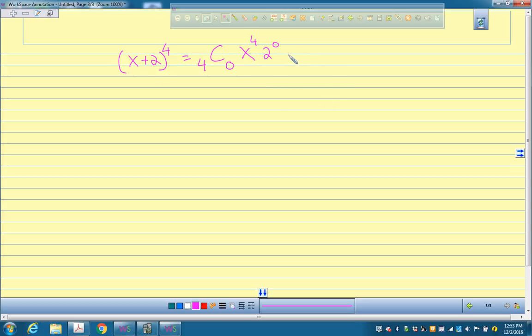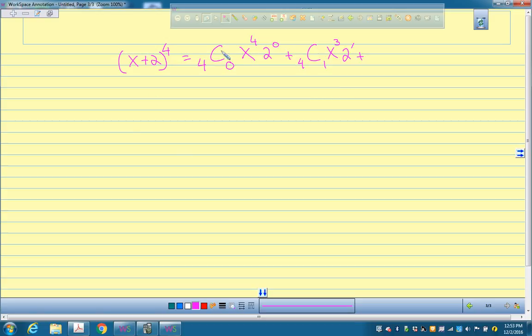Then it's going to go 4 combination what? 1, x to the, this goes down by 1, and this goes up there, right? What is this C again? The C gives you the combination. You can find that number, that's a number.